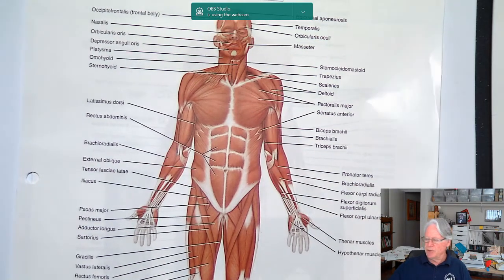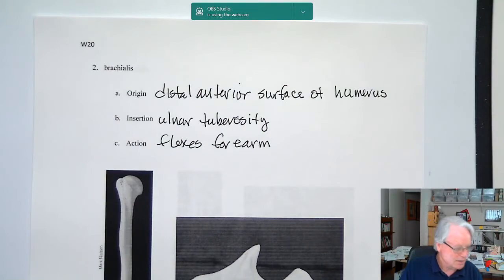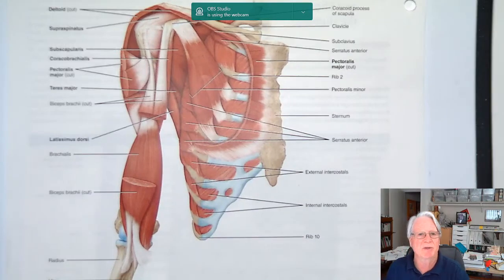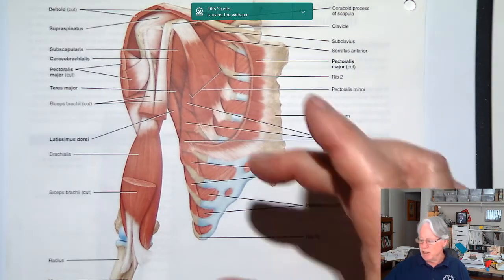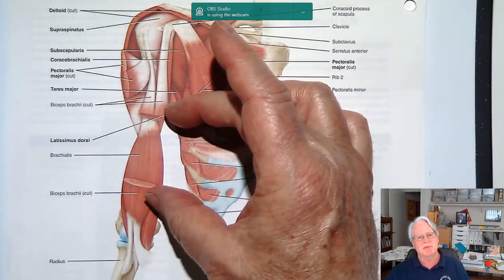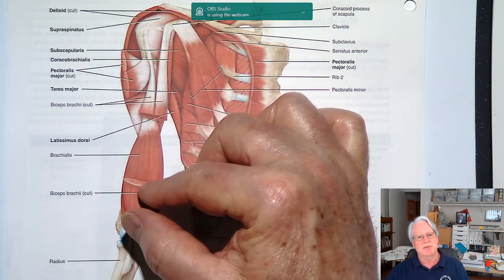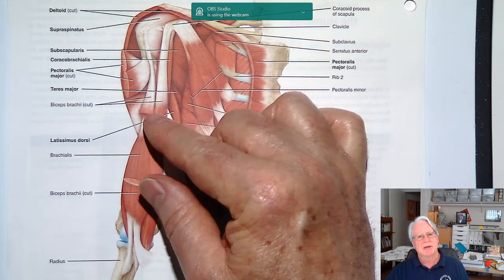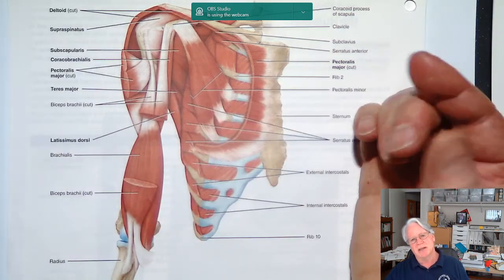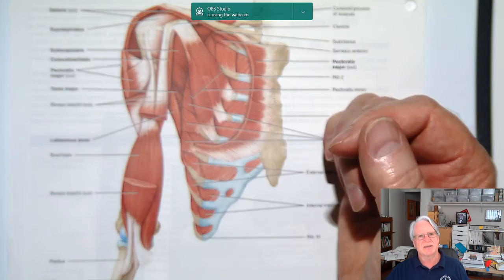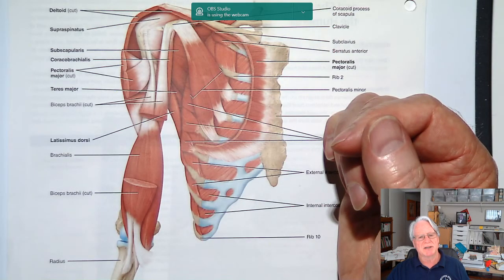So instead I'm going to show you a different image, and that would be this image. What we've done here is we've cut away a section of the biceps brachii. Normally that would be stretched between this point. So we've cut here, we remove that, and underneath is our brachialis. You can see it's directly underneath that muscle. Okay, that's the brachialis.